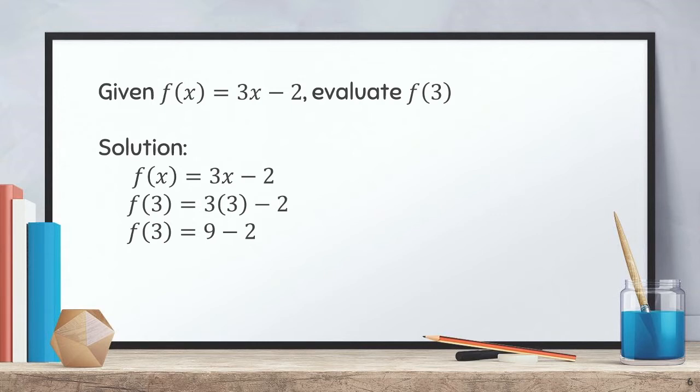So 9 minus 2, the answer would be f of 3 equals 7. So that's it. So when you say evaluate, you just plug in the value for x. You replace all x with the value that you need to plug in for the value of x.